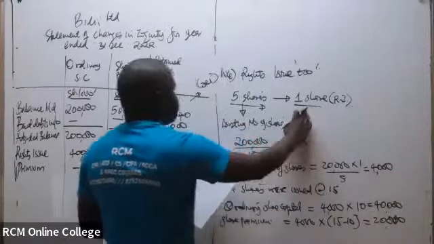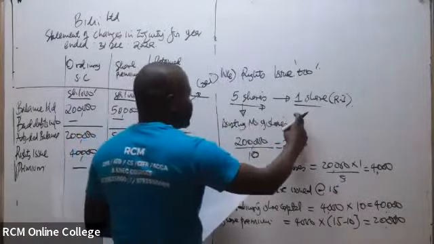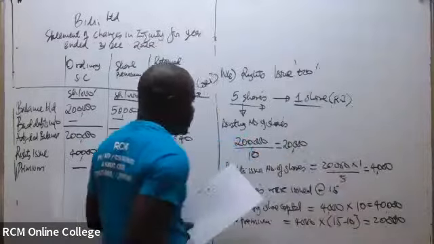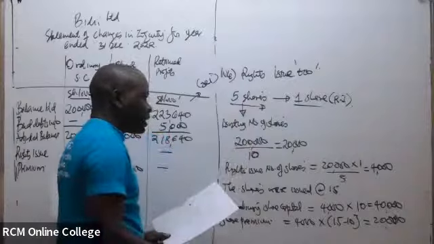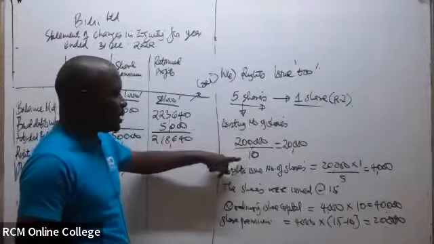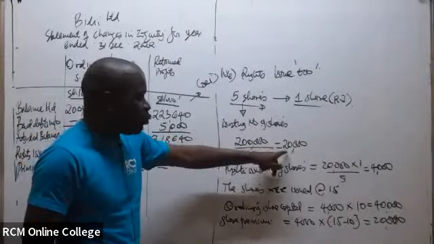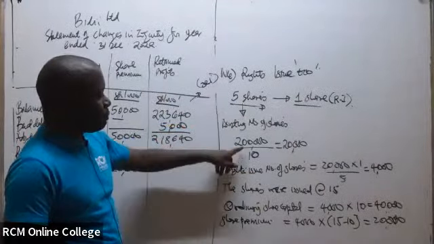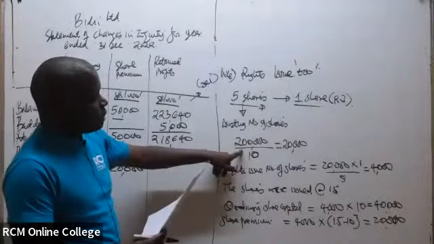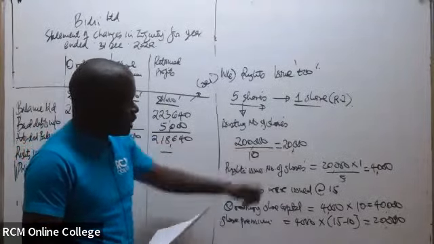Therefore, we need to compute the number of shares in terms of the rights issue that were issued. First of all, we must know how many shares are existing currently, because for the number of shares existing currently, every 5 of them will represent 1 share as a rights issue. It is 200 million divided by 10. You get 20 million shares.